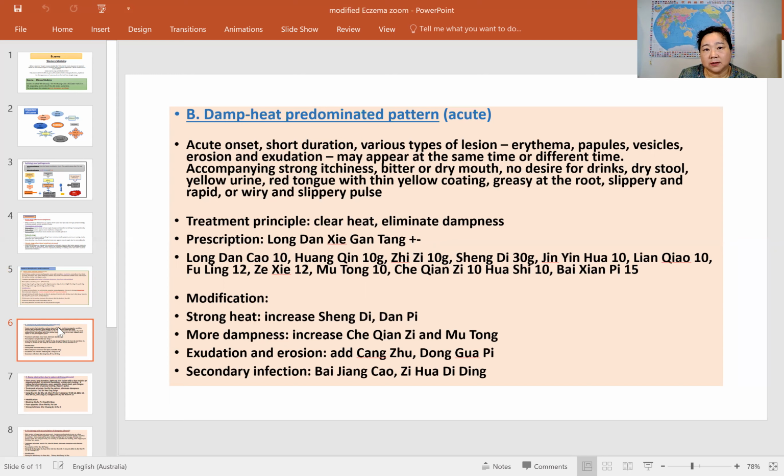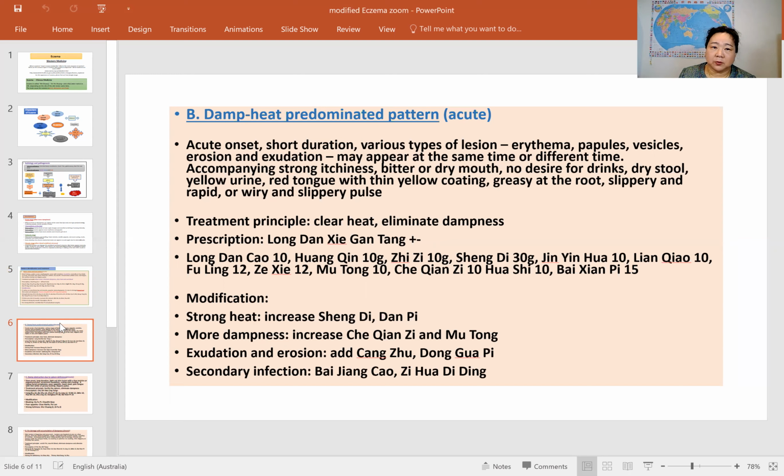Accompany strong itchiness, bitter or dry mouth, no desire for drinks, dry stool, yellow urine, red tongue with thin yellow coating, greasy at the root, slippery and rapid, or weary and slippery pulse.